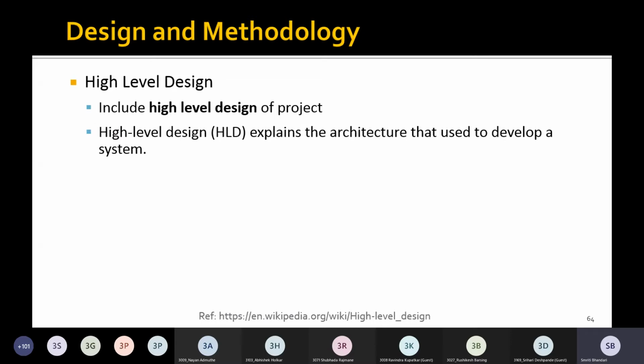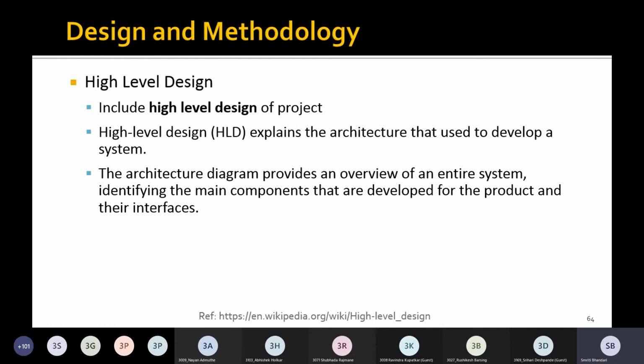So the high level design is the overview of the system that you have developed, the architecture, the overall block diagram of the system that you need to provide. Okay, so this architectural diagram provides the overview. It identifies the most important components developed by you to come up with this product or this project, and its interfaces.